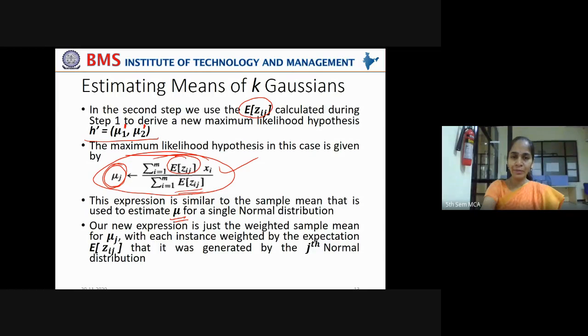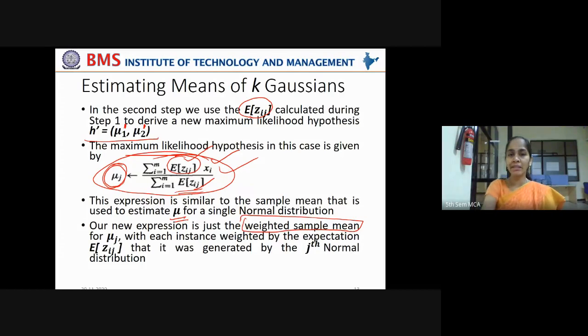So you have the expected value multiplied by the sample point, summed up, divided by the total sum of expected values. That is called the weighted sample mean.